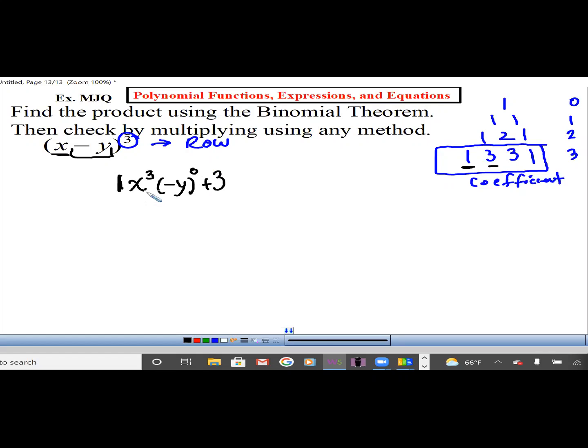Now look what's going to happen to x to the 3rd. Look what's going to happen to negative y. Let me go to the next one, which is plus 3. Look what's going to happen to x to the 2nd. Look what's going to happen to negative y to the 1st.